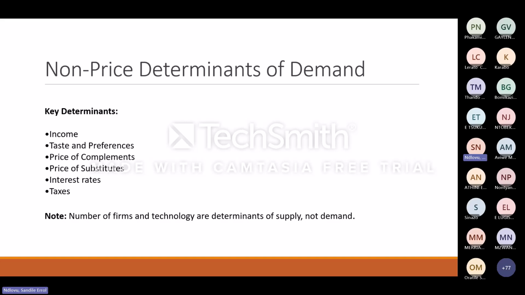If Nike sneakers start becoming ridiculously expensive, you will start demanding less Nike sneakers and will start buying the sneakers from Puma, Nike's competitor, because Puma has cheaper sneakers, but just the same quality.